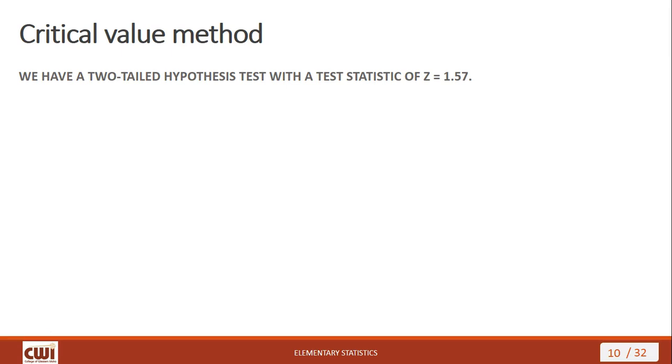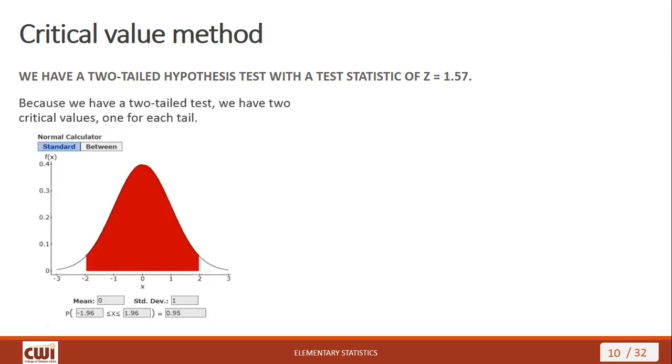If we use the critical value to make the conclusion for our hypothesis test, again we have a two-tailed hypothesis test with a test statistic z equals 1.57. Because we have a two-tailed test, we can go into StatCrunch using our normal calculator, and using the between option, we get the area in between the two tails. Remember, we have a two-tailed test. We put in 0.95 for the area because we're looking for the critical values.